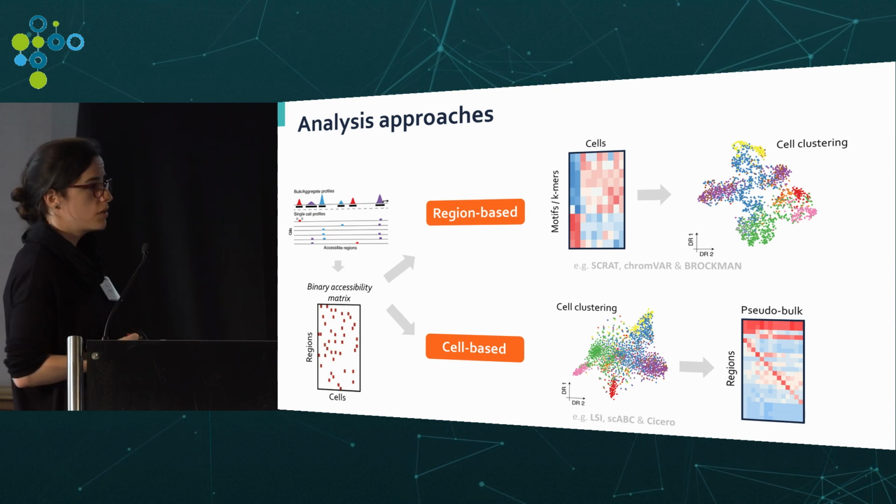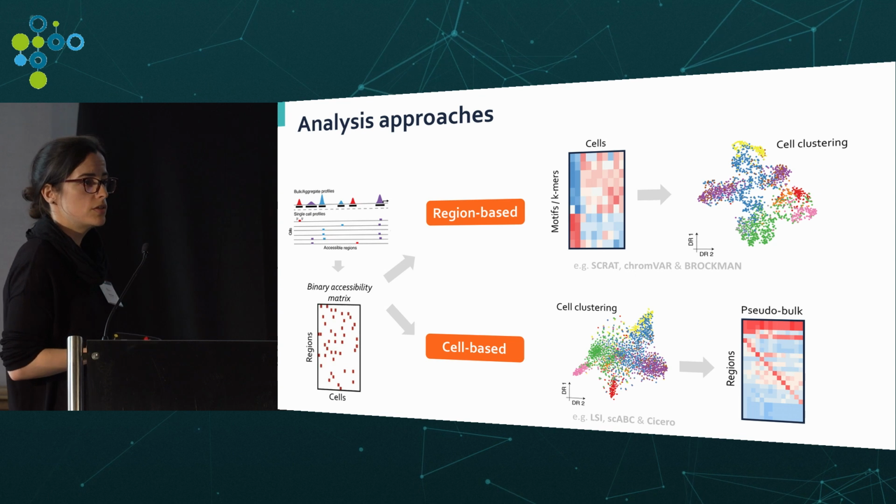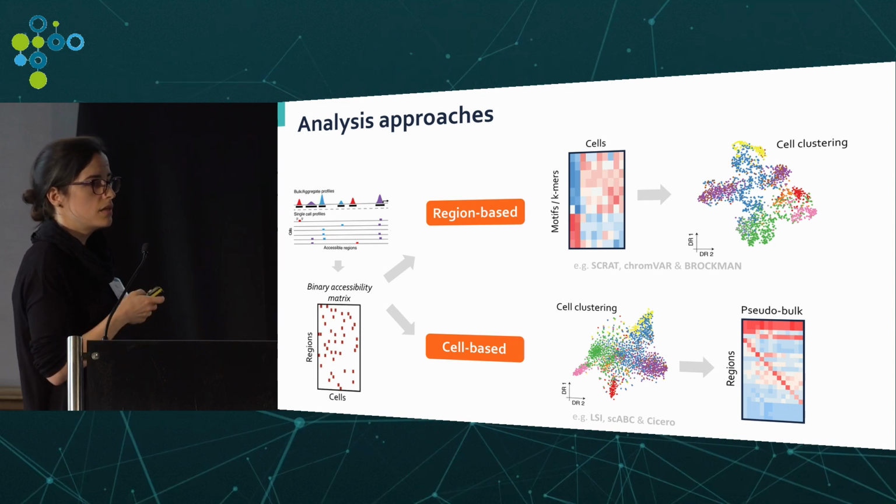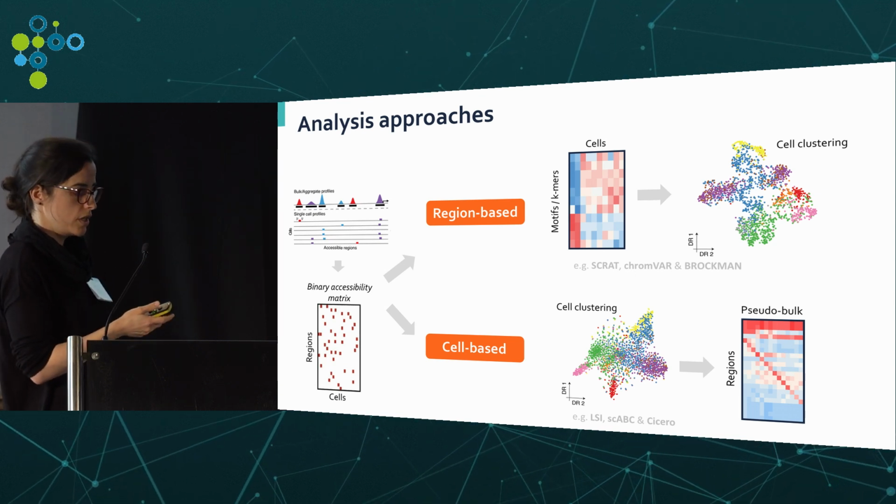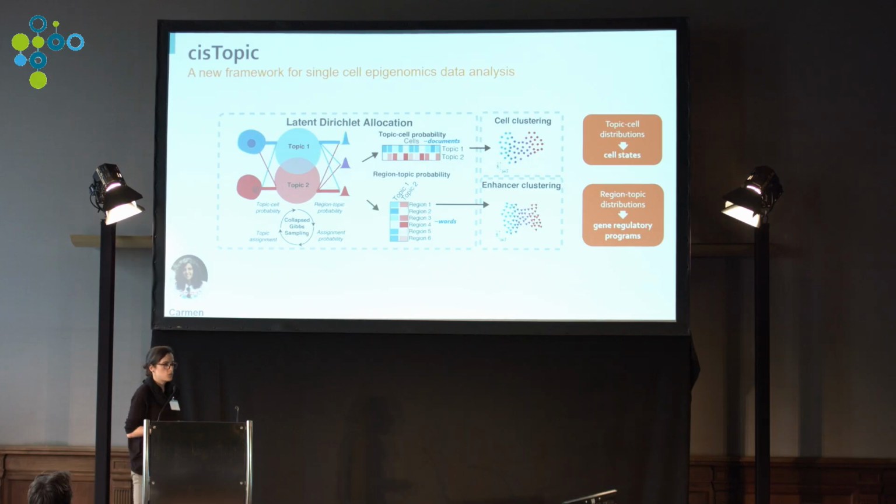While these approaches have been shown satisfactory to detect the cell types, they hinder the discovery of new regulatory programs. So that's why we also developed cisTopic, which is a method based on LDA. As we saw yesterday, this is a technique commonly used in text mining. And it basically allows you to infer two probability distributions.